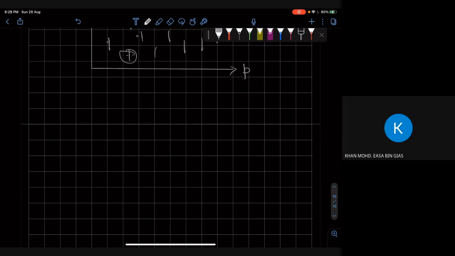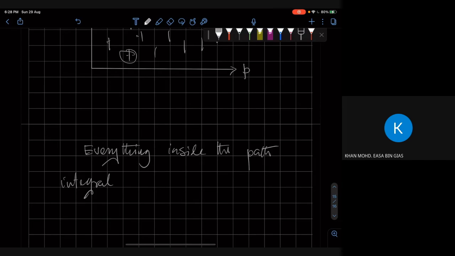The last comment is that everything inside the path integral is classical. There are no operators. Inside the path integral, momentum operators and position operators have all been converted to their eigenvalues, and therefore they're all classical.